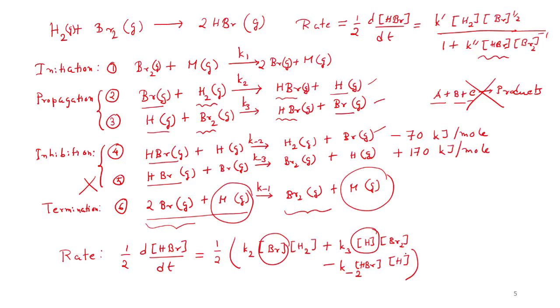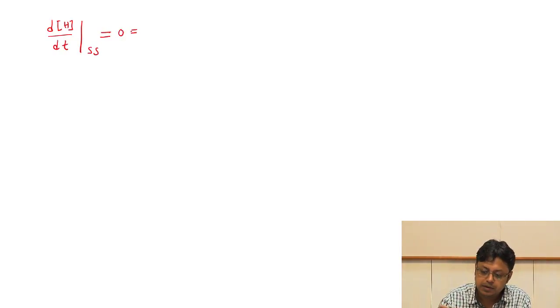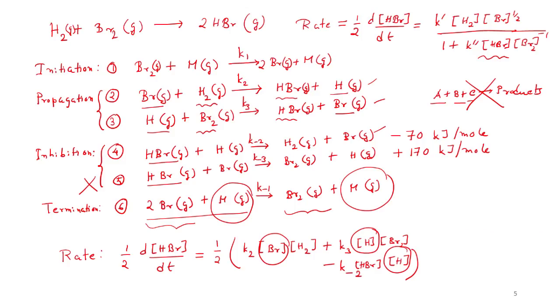Now we'll use the steady state approximation for these two intermediates and see what happens. First let us consider the H radical. We'll say that dH dt under steady state is 0. You can easily figure out where it appears. It appears in the second equation, and it is consumed in the third equation.